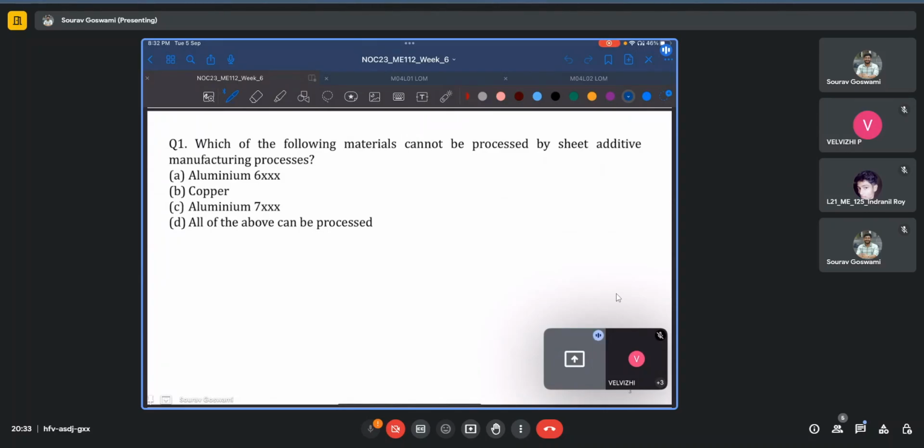So the first one asks us, which of the following materials cannot be processed by sheet additive manufacturing processes? And among the options, we have some aluminum grades, two of them, copper.